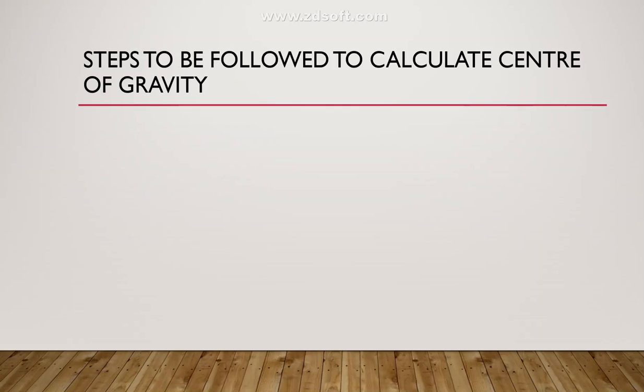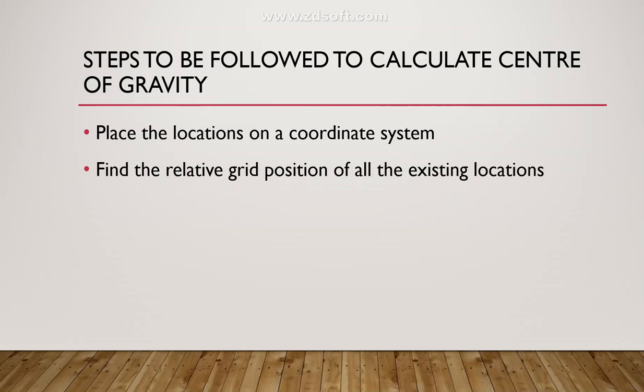The steps to be followed to calculate the center of gravity. First step is to place the locations on a coordinate system. That is how we find the graph with respect to that particular region. Find out the relative grid position of all the existing locations.